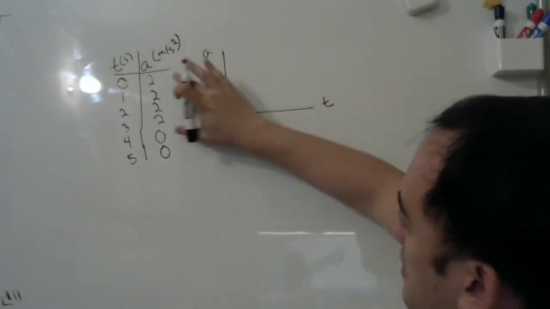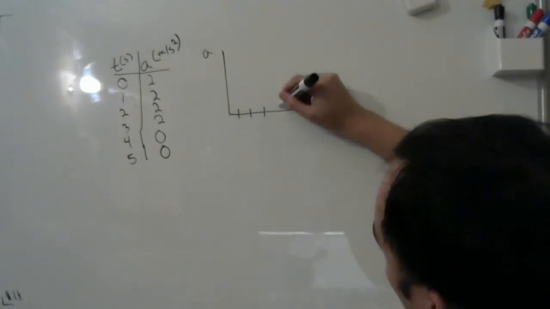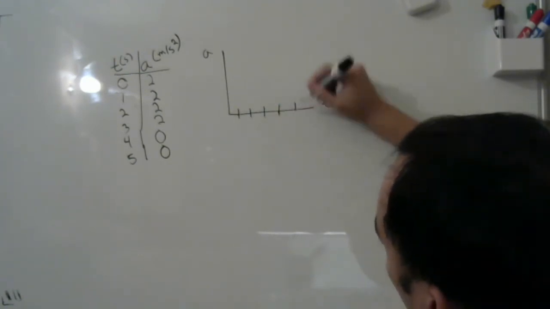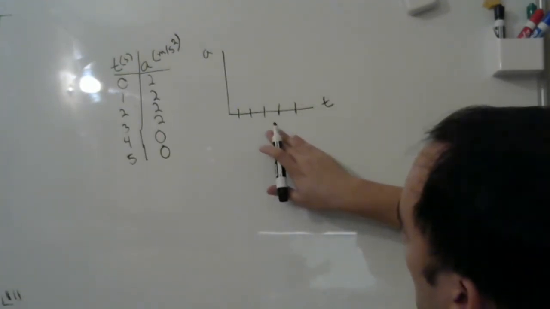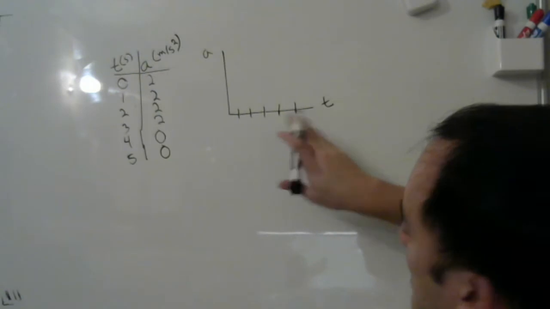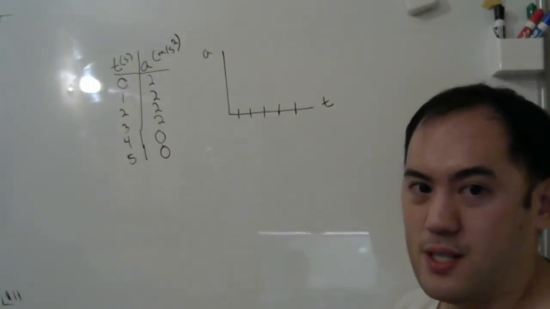So basically, they accelerated for 3 seconds. And then they kept the same acceleration. I know how you all want to draw this. You all want to go like this.